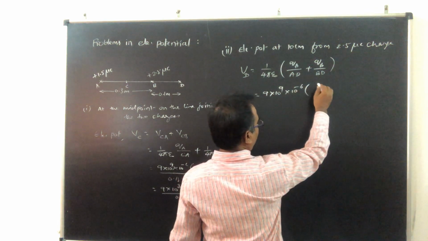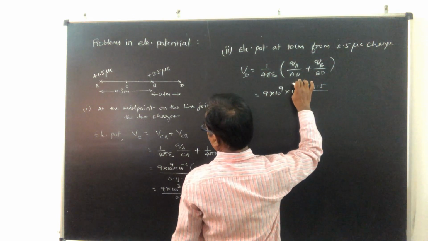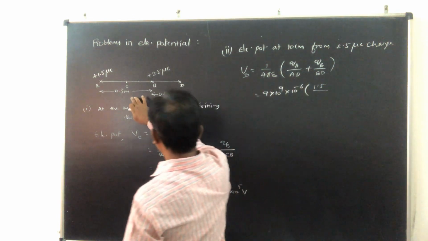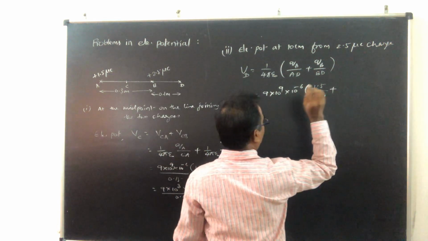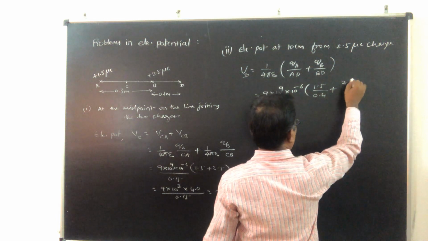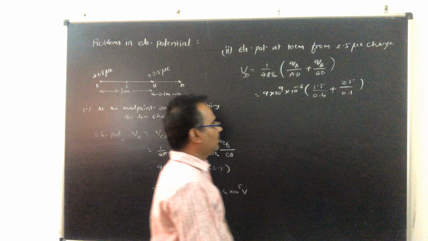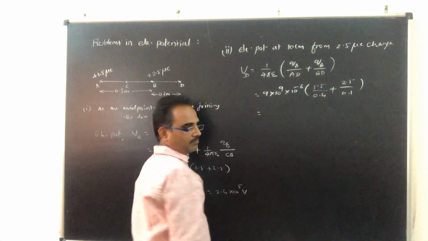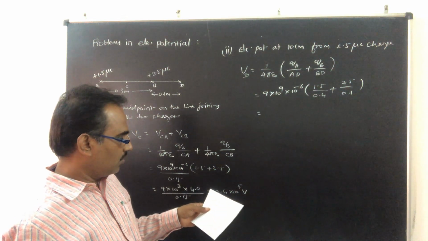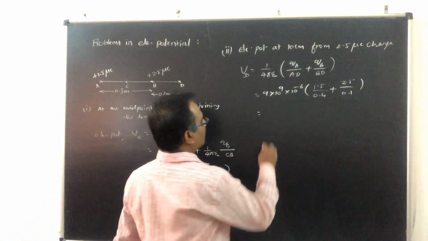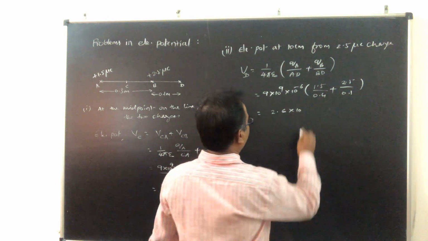And this is 1.5 and this distance AD, so 0.3 plus 0.1, it is 0.4. QB 2.5 divided by BD 0.1. You simplify this one, you will get nearly 2.59 or 2.6 into 10 to the power of 5.